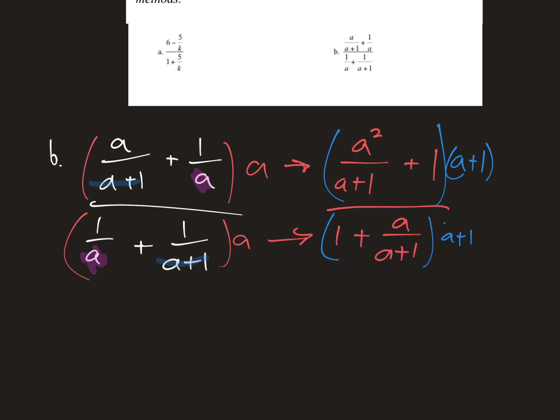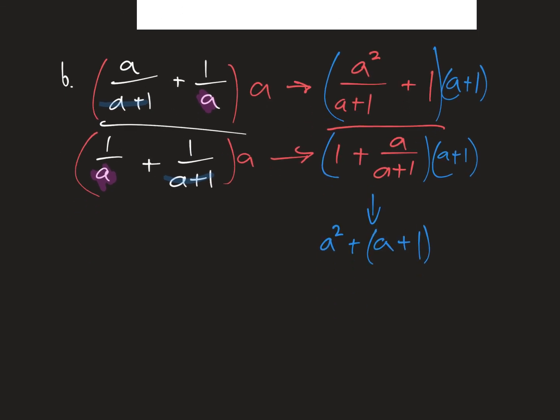So remember, you have to multiply top and bottom. So the first bit, when you multiply, will just give us, and I'm going to go downwards here, a squared plus 1 times a plus 1 is a plus 1. And I'll put parentheses just so it's easy to see that that's where that second piece came from.